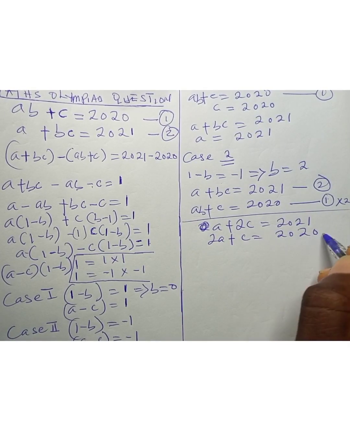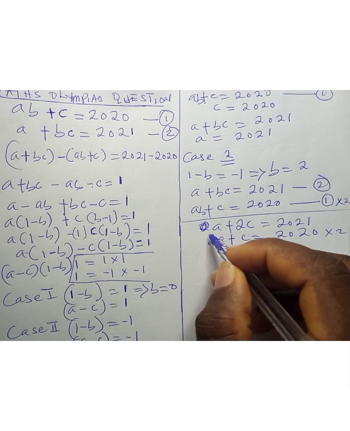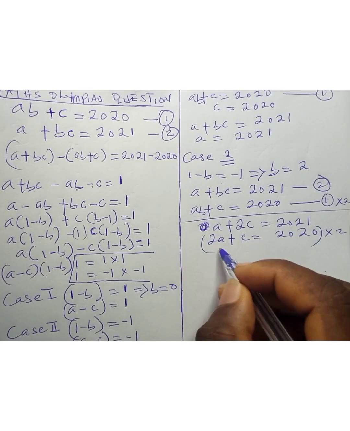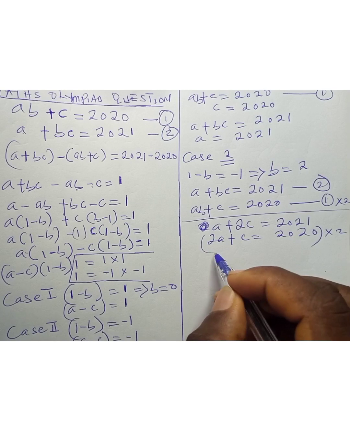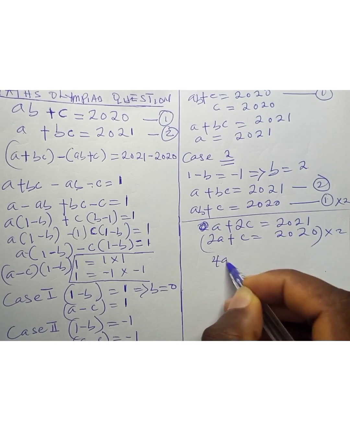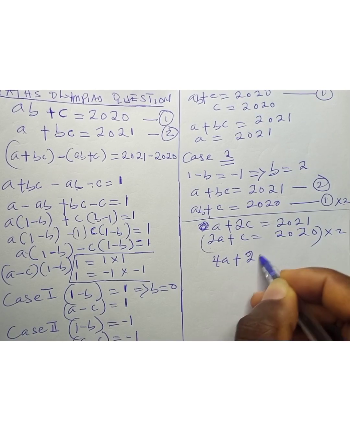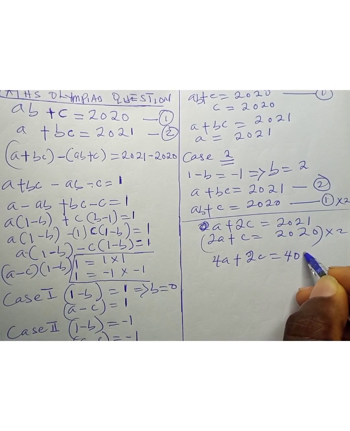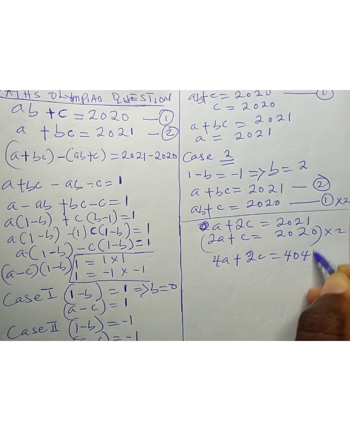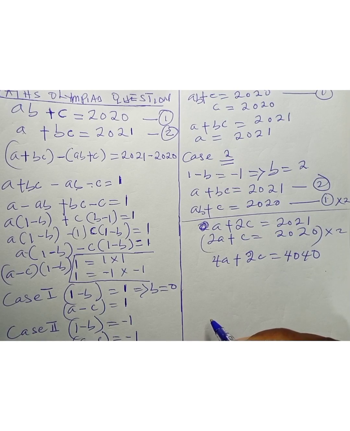If we multiply this second equation by 2, we're going to have 4A plus 2C equals 4040.